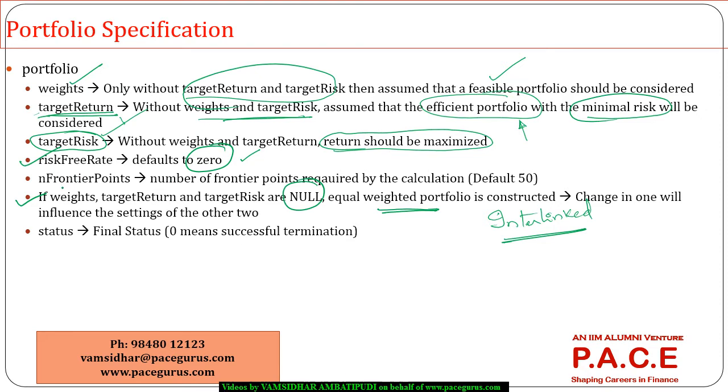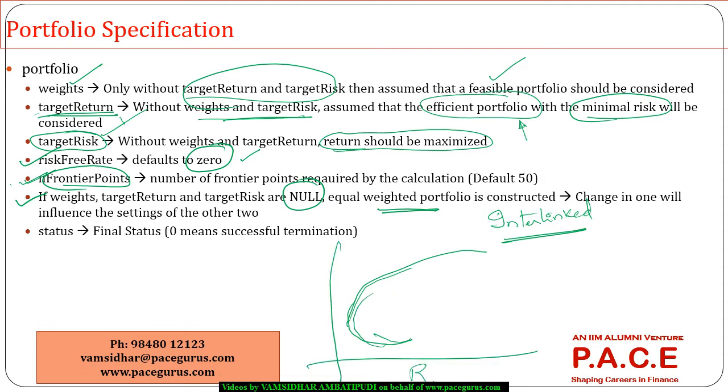Then another important aspect of the portfolio that is more flexible is the number of frontier points. See, generally an efficient risk frontier is typically plotted, right? This is a kind of portfolio frontier. If I understand the theory, this is how the portfolio frontier comes up, because this is the graph between the standard deviation or the risk of the portfolio and the expected returns of the portfolio.